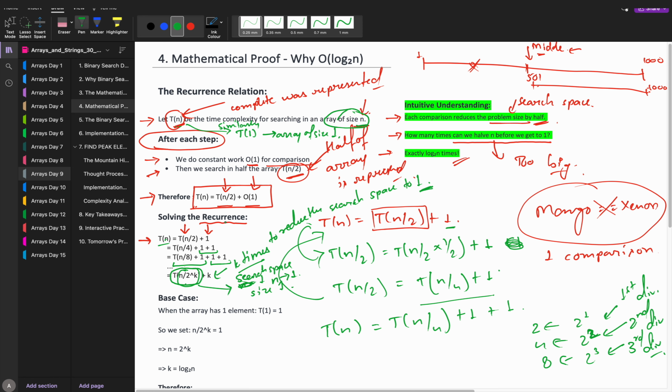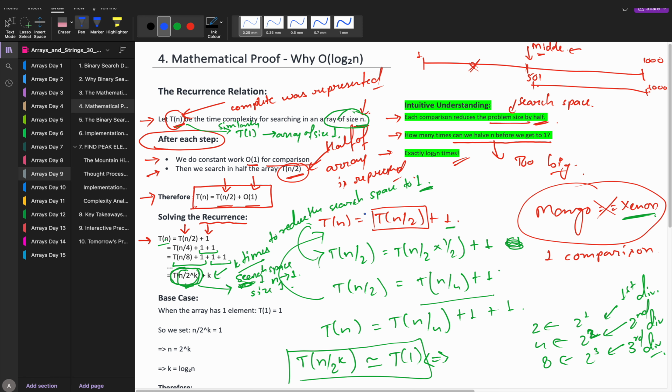So if dividing this array or my search space k times leads to just one item, meaning we reached it by reducing, then this T of n by 2 to the power k should be equivalent to T of 1. Correct?